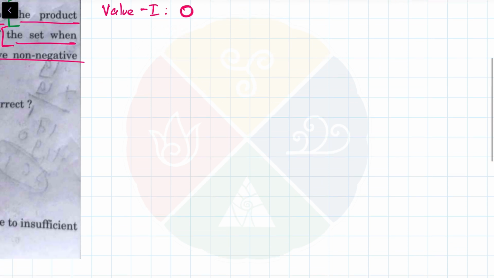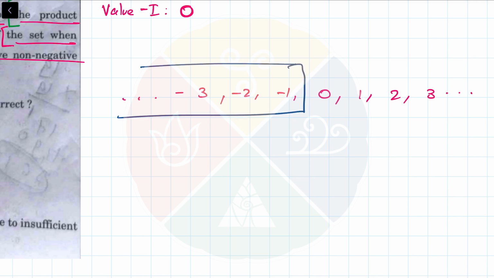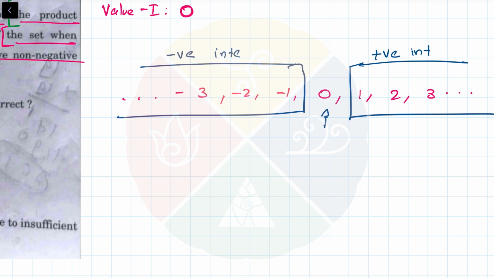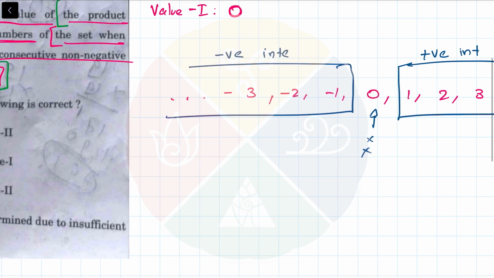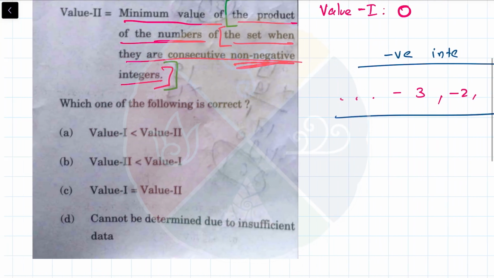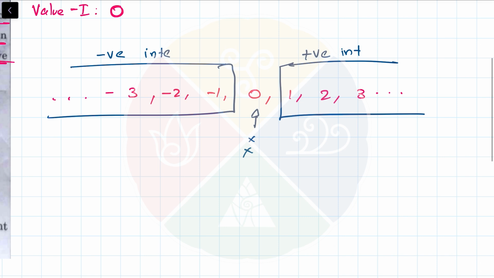So we are looking for consecutive non-negative integers. See, I told you integers are the numbers like -3, -2, -1, 0, 1, 2, 3, and it keeps on going to both sides. Out of this, the negative values are known as negative integers, and the positive values are known as positive integers. 0 is neither negative nor positive. Now, if someone asks you to find non-negative integers, it basically means any integer which is not negative.